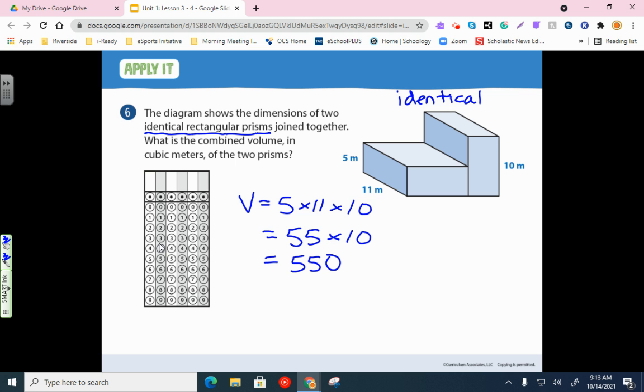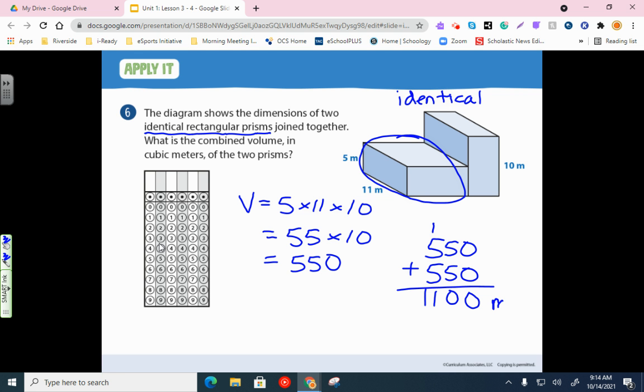Now, a lot of students will probably say this is their final answer, but we've only found the volume for one of these. So what we have to do for the final answer is add this up, or in this case, we could add it or multiply it by 2. Let's add it, though, to stay consistent. And that gives me a volume of 1,100 cubic meters.